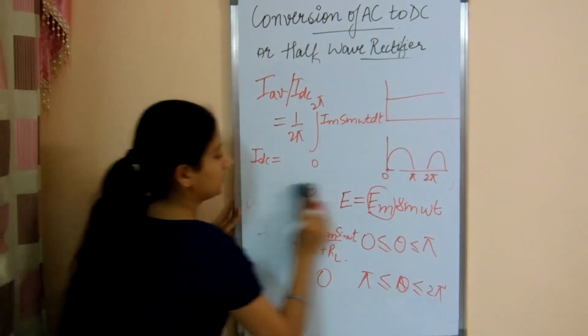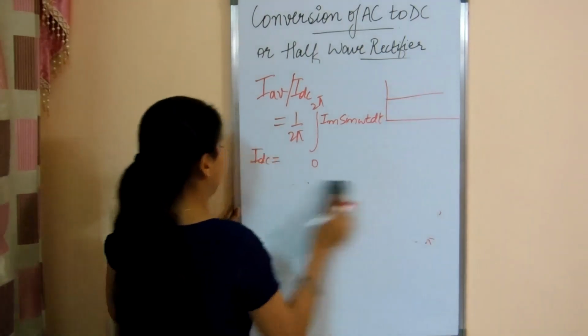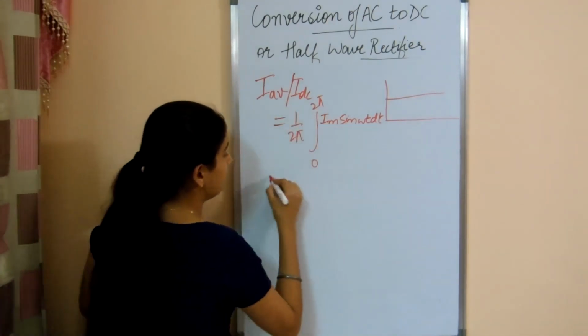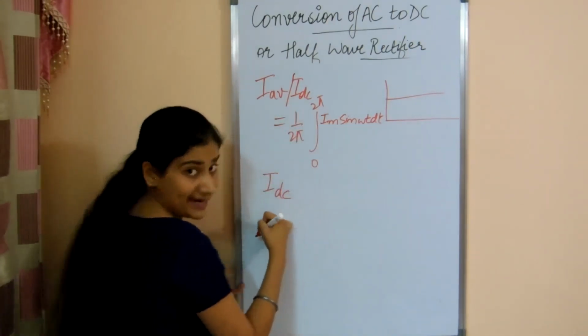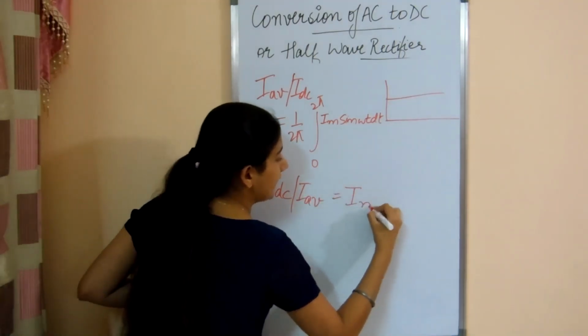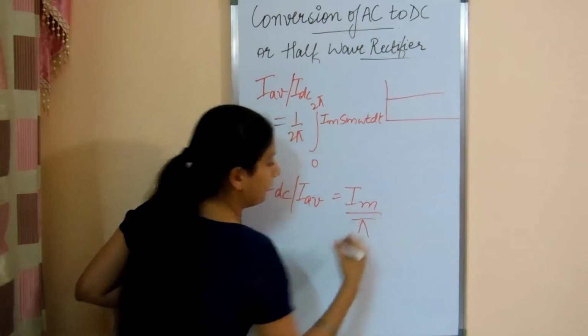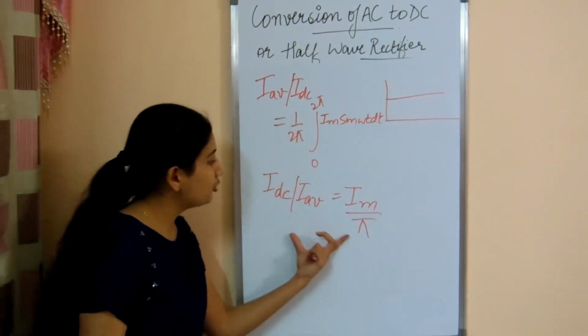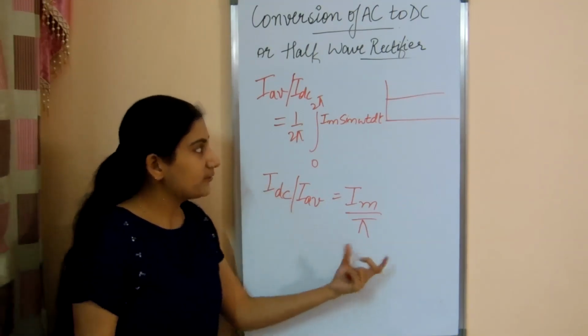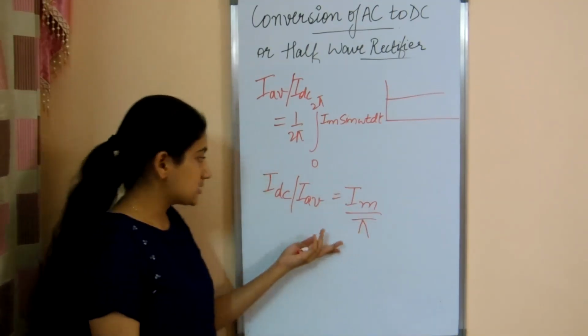So when I integrate this whole equation, I will get that my IDC or my I average is Im by pi. So this is the value of average DC. That average current which I am getting in my output is this.